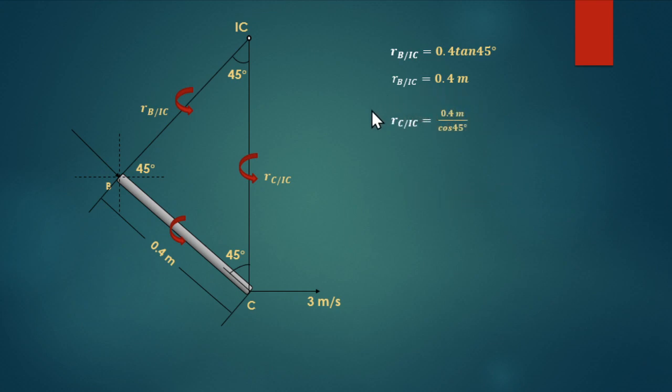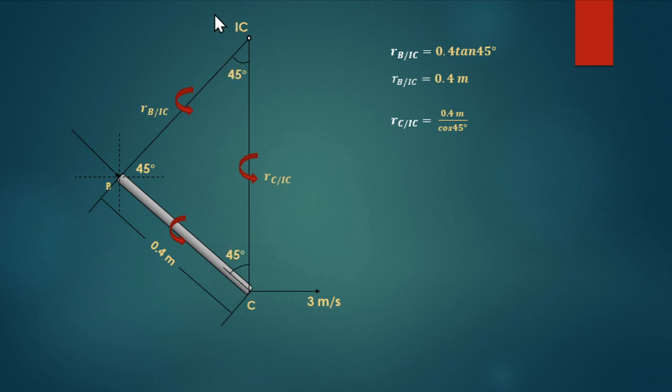And then for RCIC, we can get the distance between C and IC by using the trigonometric function cosine 45, which is equal to the adjacent side over the hypotenuse.